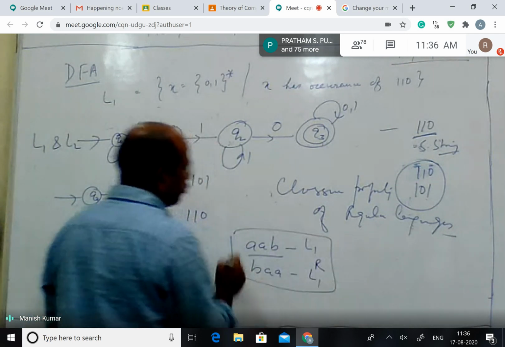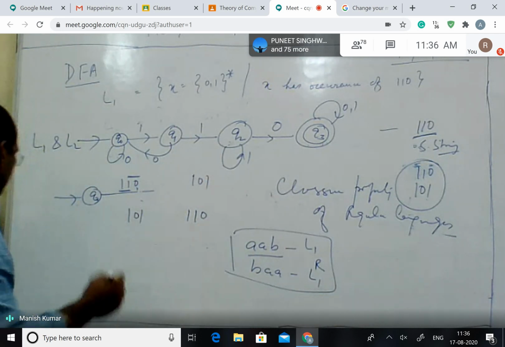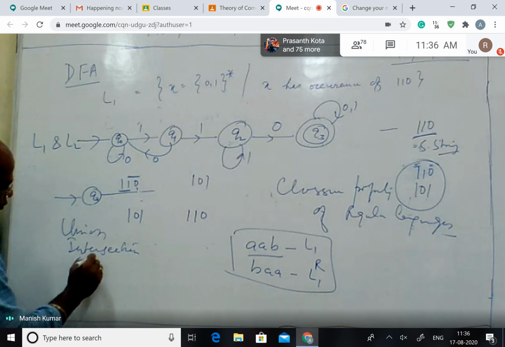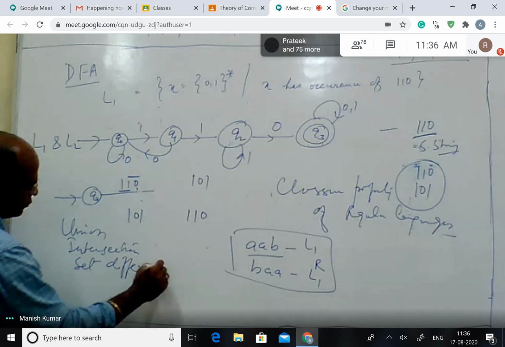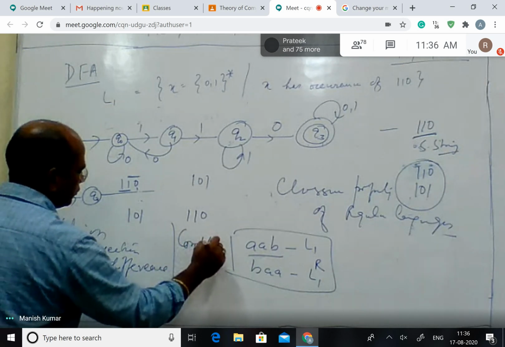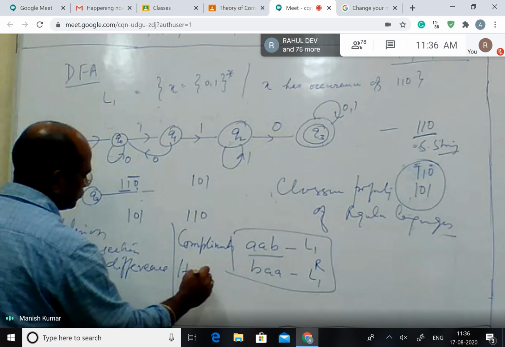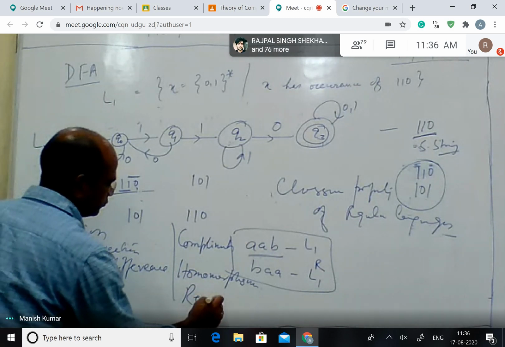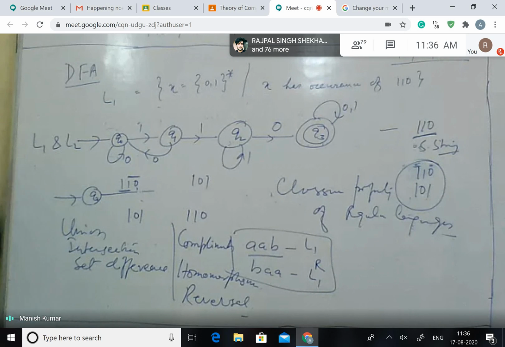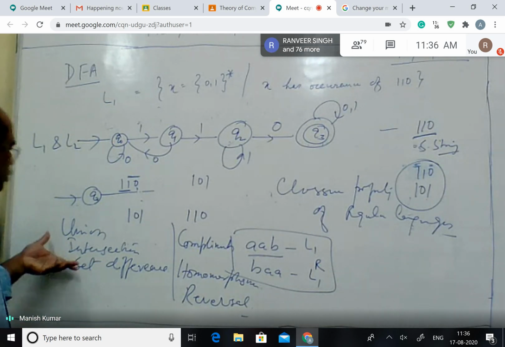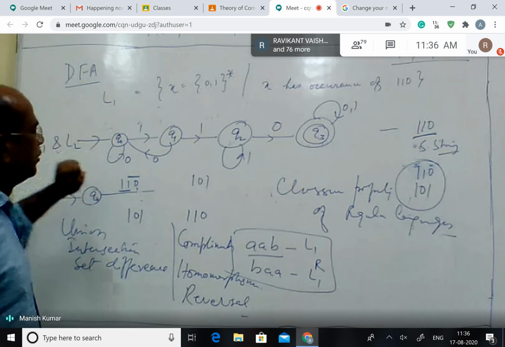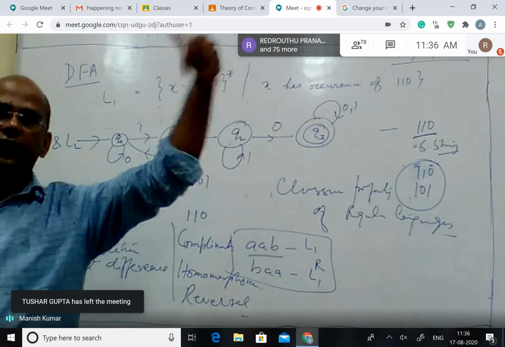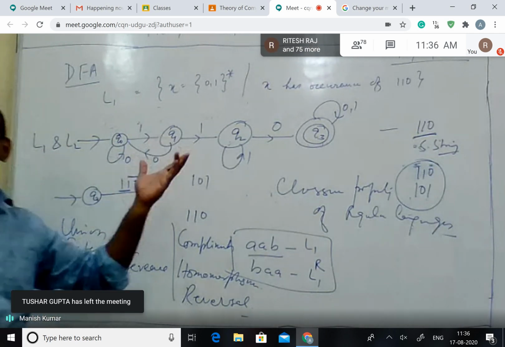So this is what we have. We look for closure properties in terms of union, intersection, set difference, complement, homomorphism, and reversal. If these closure properties hold, then solving such problems, that is creating a diagram or DFA for such languages, which are a combination of two other languages, becomes easier.